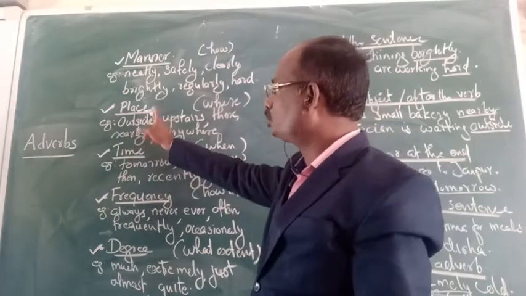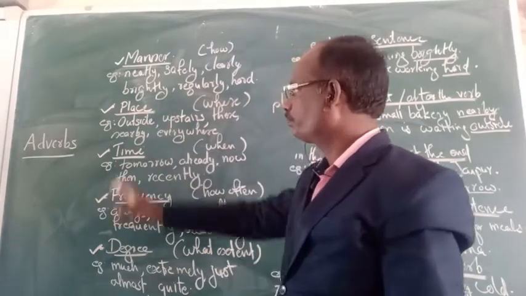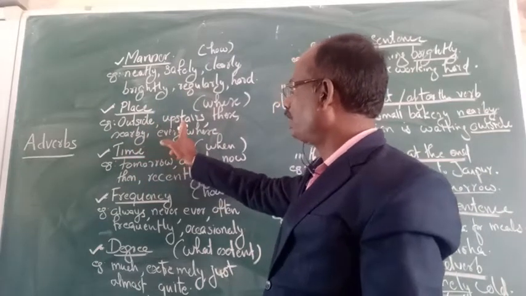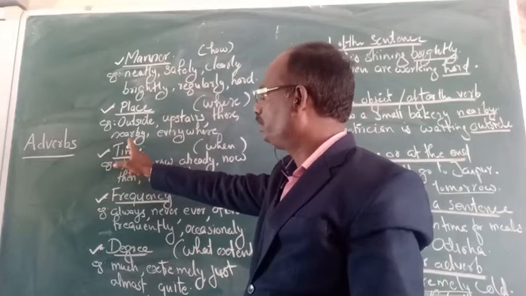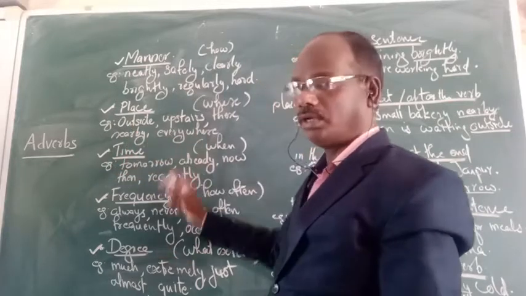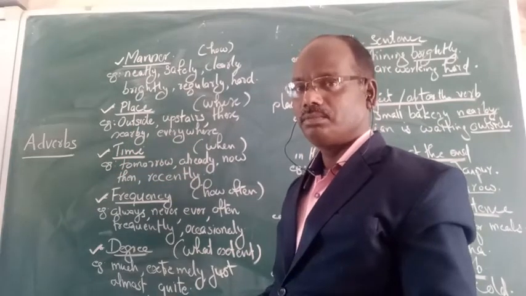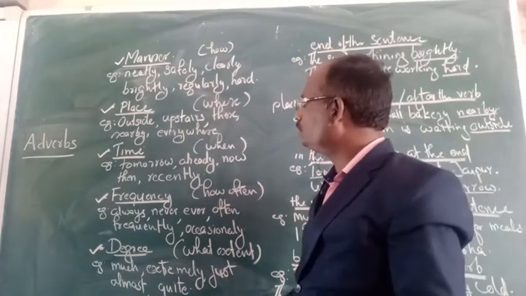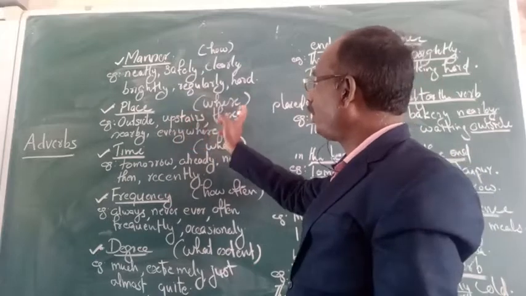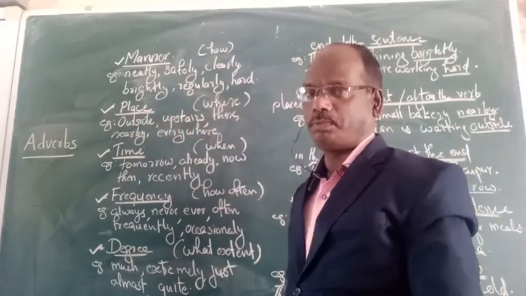Then some examples of adverbs of place: outside, upstairs, there, nearby, everywhere, here, etc. So these words tell where an action takes place.